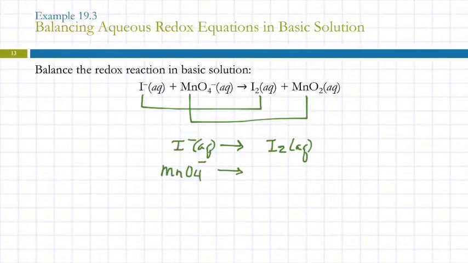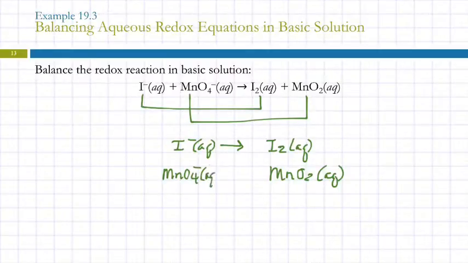MnO4 minus aqueous going to MnO2 aqueous. Splitting into 2 half reactions. That's a mess. I'm going to fix this. That's better.